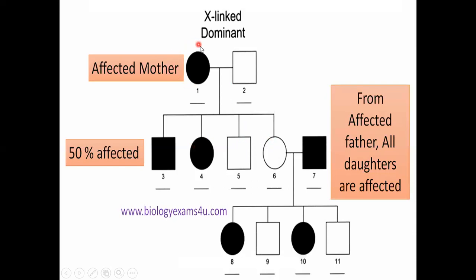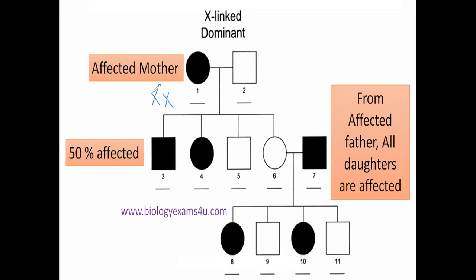It means the mother is affected with a dominant disorder, but her genotype is heterozygous. She carries 2 X chromosomes, and 1 X chromosome carries the dominant or affected allele, while the other X chromosome carries the normal allele.